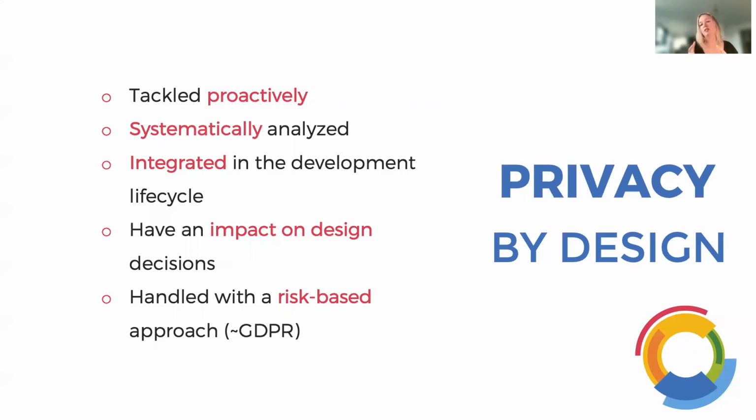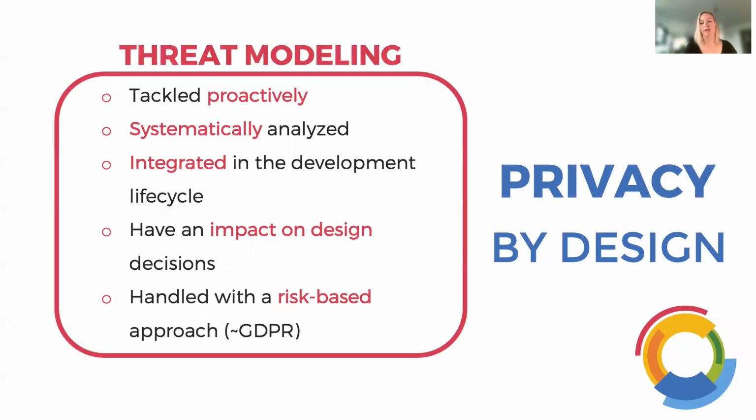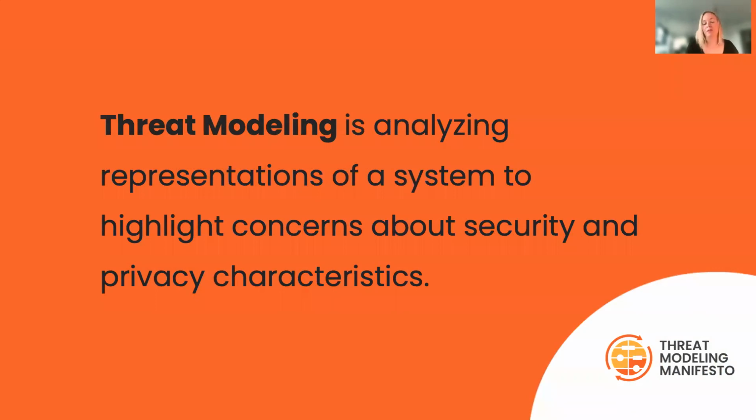Now, all these properties actually describe a technique that is already quite known in the security community, and that's threat modeling. Now, the Threat Modeling Manifesto describes the foundational values and principles of threat modeling, so you will see me referring to it on several occasions throughout this talk.